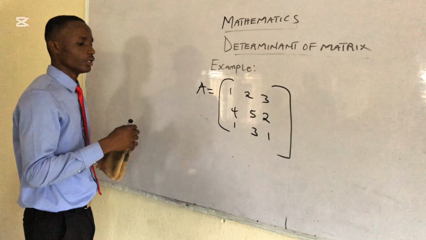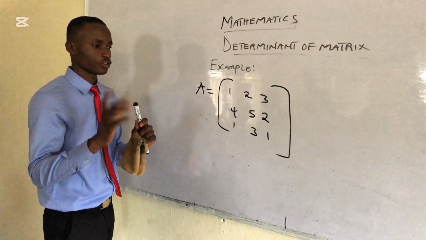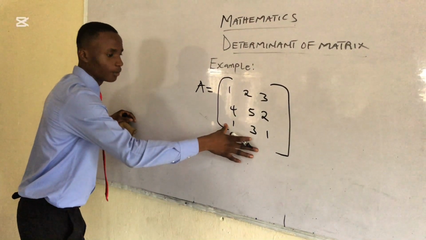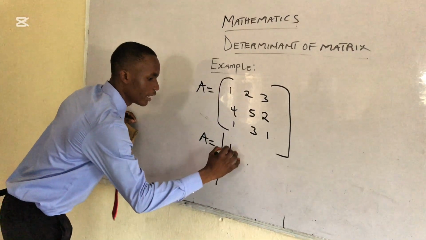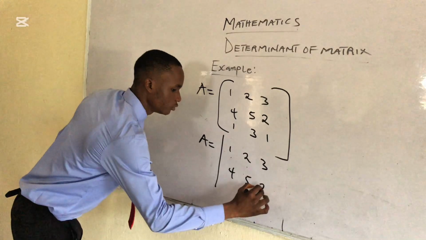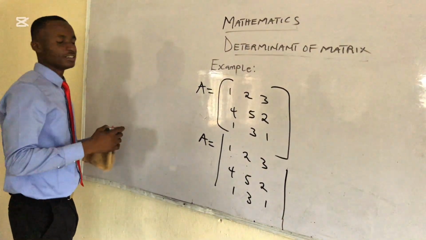The first thing, in this one we have a slight difference, so you pay attention. What we do first is we write the matrix form and put it in the determinant form. So we have 1, 2, 3, 4, 5, 2, 1, 3, 1. So this is the first step.